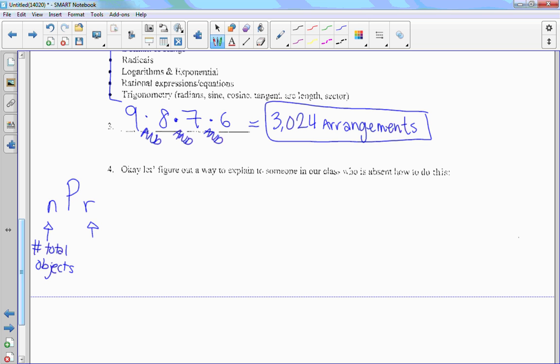R stands for your group size. Okay. Now, the formula is n factorial over n minus r factorial, the difference of n minus r, factorial.